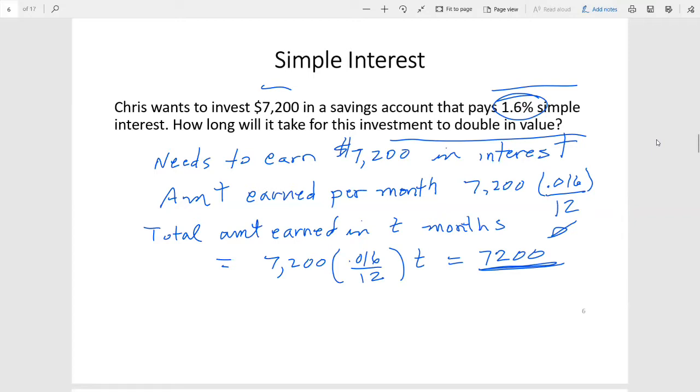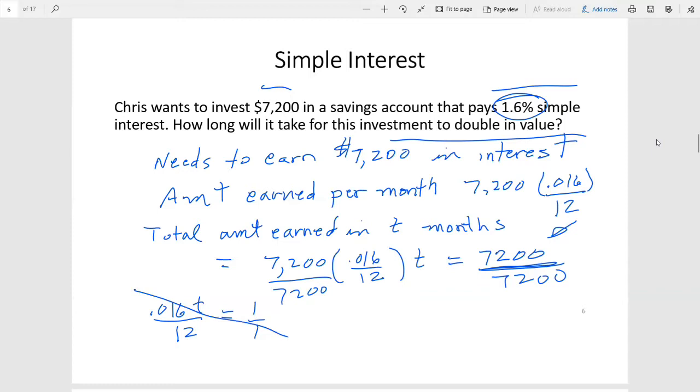First, we're going to divide by 7,200. And we will get 0.016 t divided by 12 equals 1 divided by 1. And we want to solve for t.